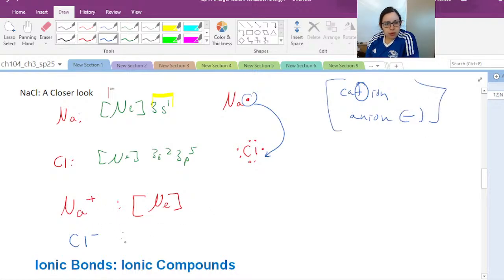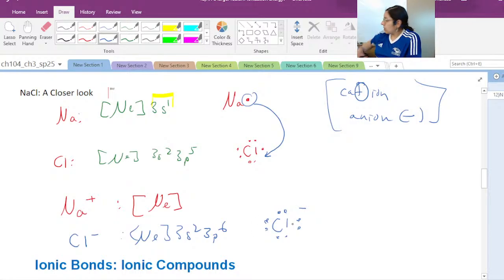For this one, I'll write its new electron configuration, so 3s2, 3p6. So 8 electrons around it. And then we want to write a negative charge on there to show that now we're making chloride with 8 electrons. So that's good.